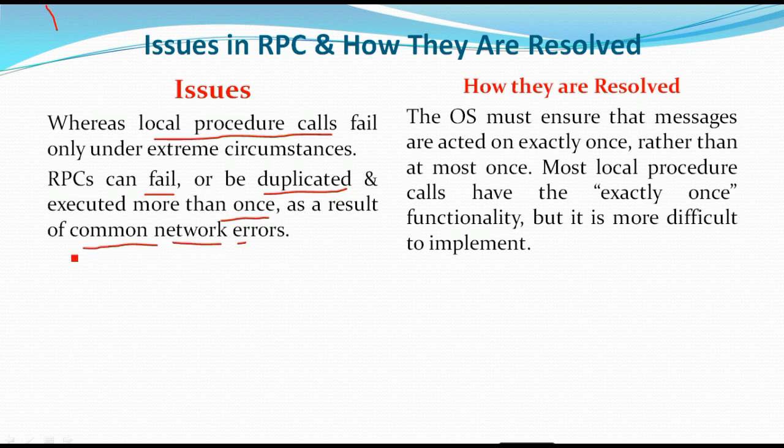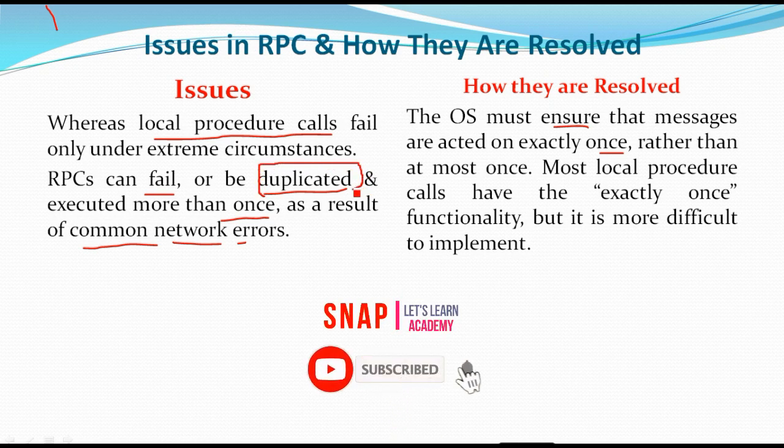So to resolve this, there is an OS feature which ensures that the messages are acted on exactly once between the client and server, so that we can eradicate creating duplicates of that message, right?